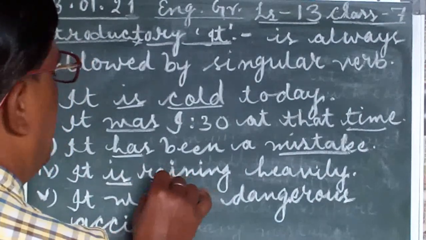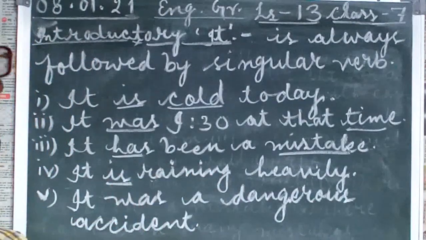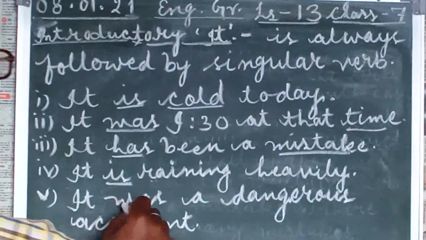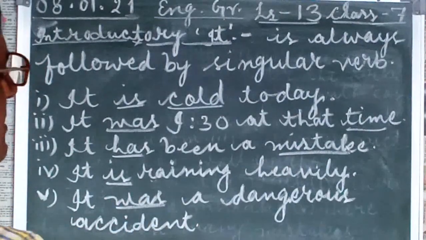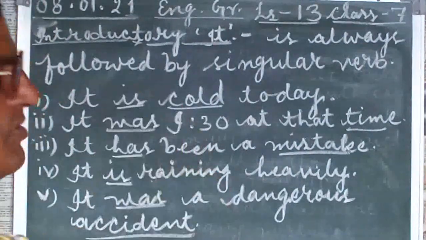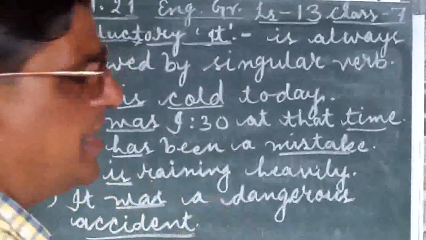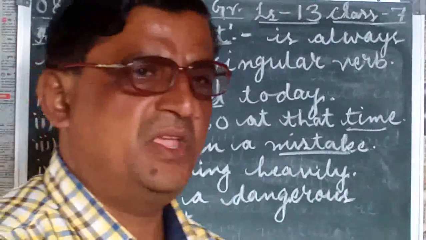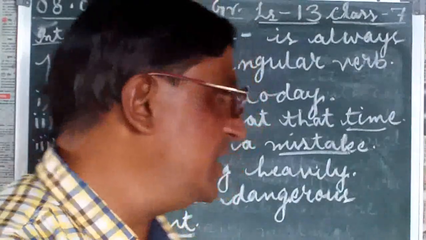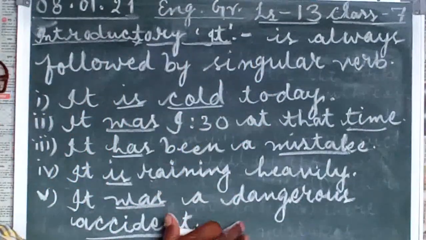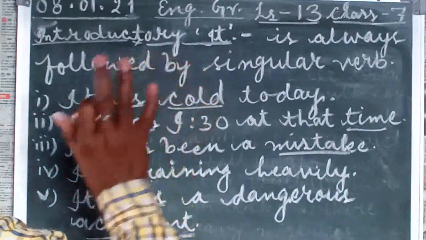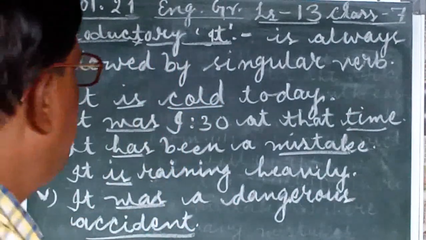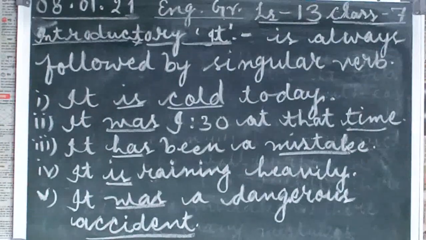It is raining heavily: is is a singular verb agreed with it, and it was is a singular verb, and accident is singular. So in every condition, when introductory it comes in a sentence, we use only a singular verb with the subject. Is it clear, students? I hope it is clear.